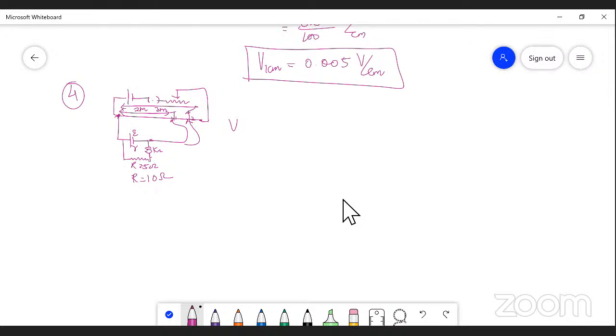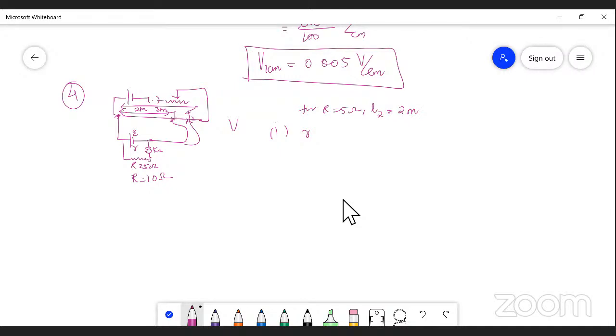Actually, you know very well, the internal resistance of the cell can be calculated using the expression r equals (L1 by L2 minus 1) into capital R. For the first case, R equals 5 ohm, the balancing length L2 is 2 meters.